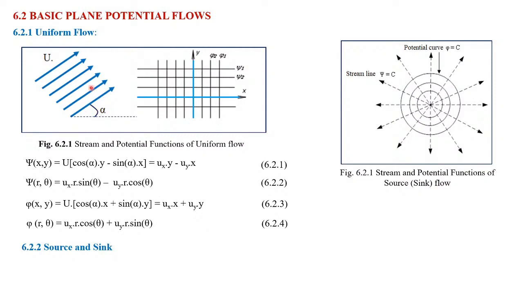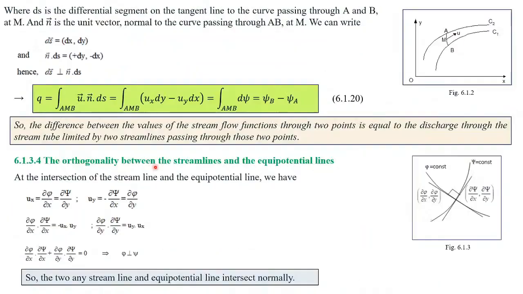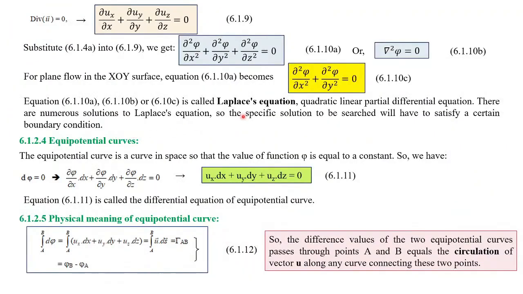So from this you can find ux equal u cos alpha, and uy equal u sin alpha, and you can put them in this equation, because you know this one and you know this one. You put here and you take the integral, you can get psi, or you put in this equation.